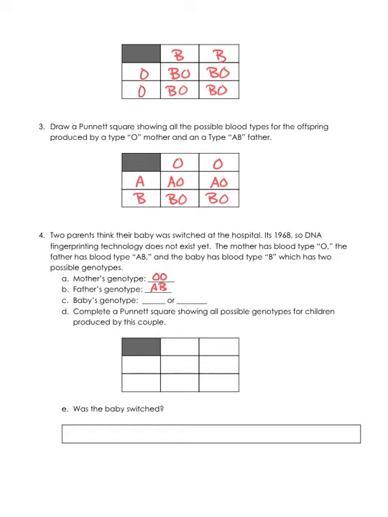So we're going to see what their children could have for genotypes first. We're going to put the parents on the Punnett square. Because the baby has type B blood, we know that the baby is going to be BO instead of BB, which would have been the other option.